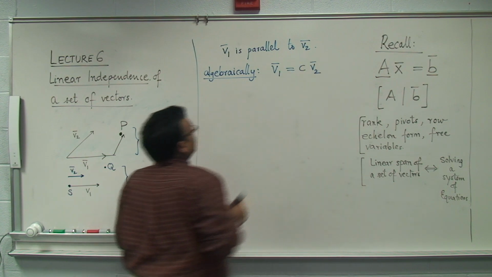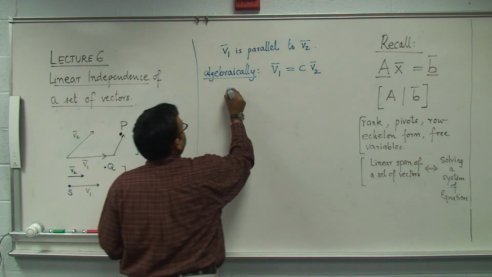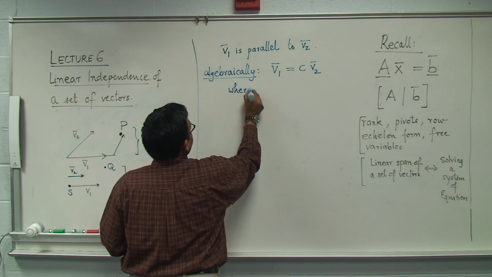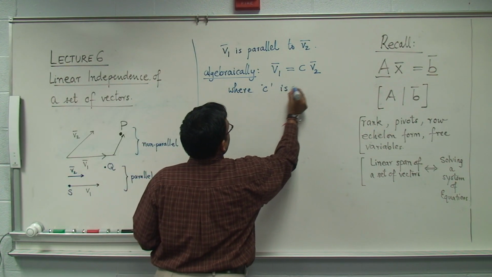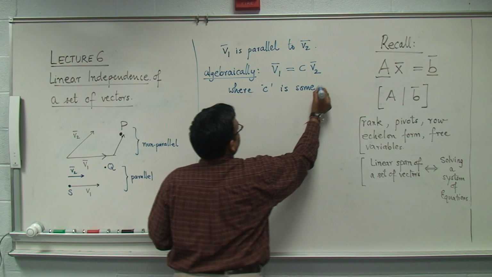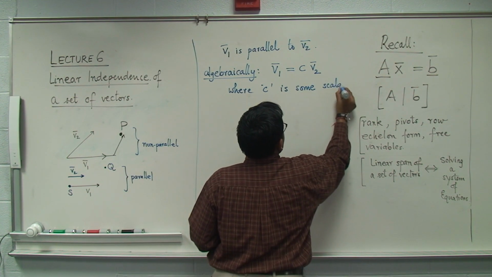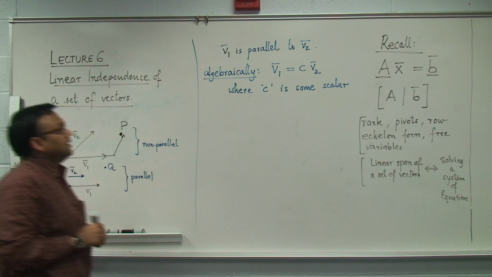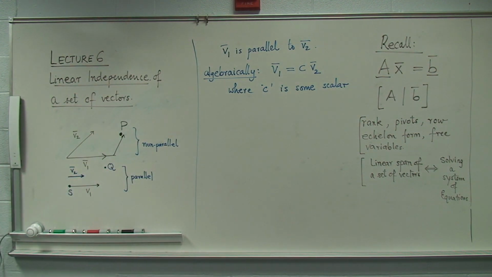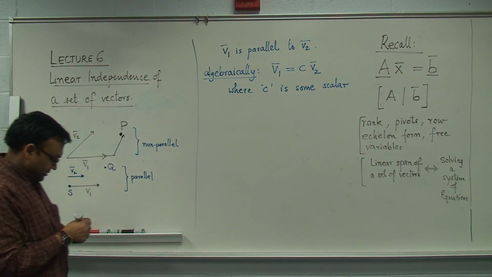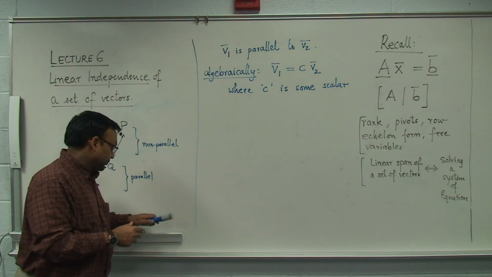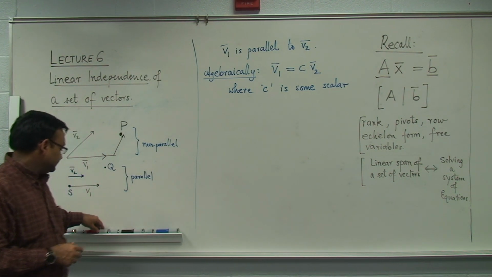So when we say C is some constant, this is what we mean algebraically, how two parallel vectors would be related to each other.